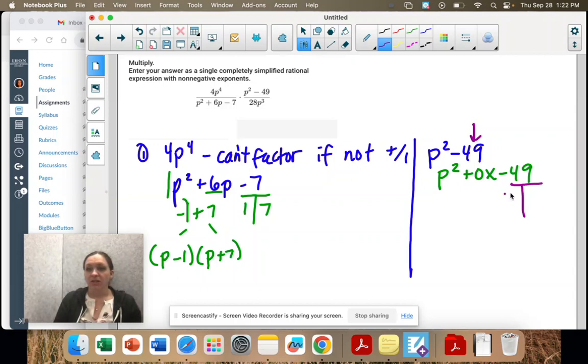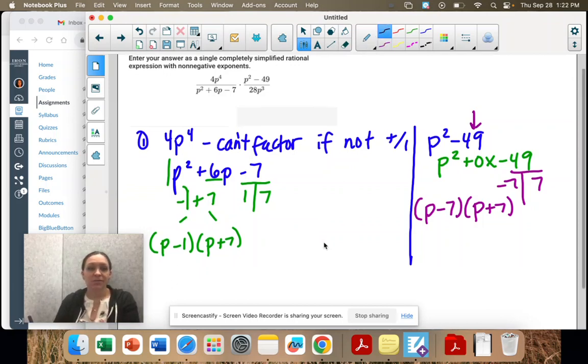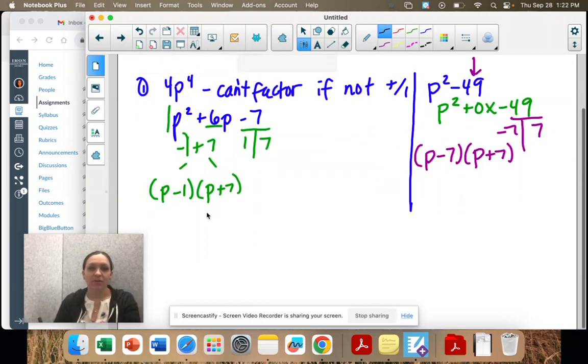So it's going to be the 2 numbers that multiply to that, opposite signs. P minus 7, p plus 7. Okay, so there's going to be a lot of those. Know your perfect squares. Okay, I'm going to rewrite with our factors so we can cancel stuff out.